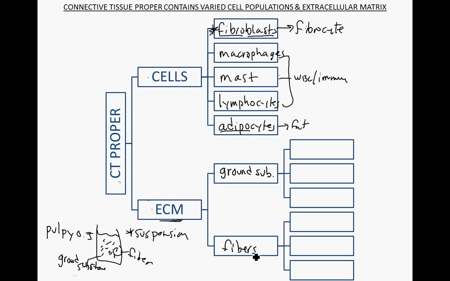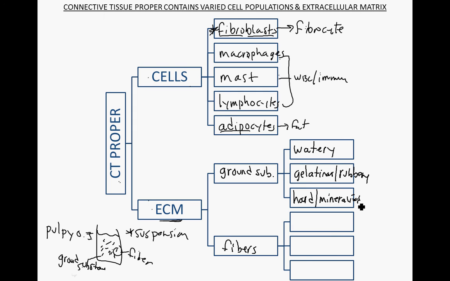So this ground substance, depending on its makeup, is either really watery, it can be gelatinous or rubbery, or it can be hard and mineralized. Okay? So again, the ground substance is like the juice of the pulpy orange juice.